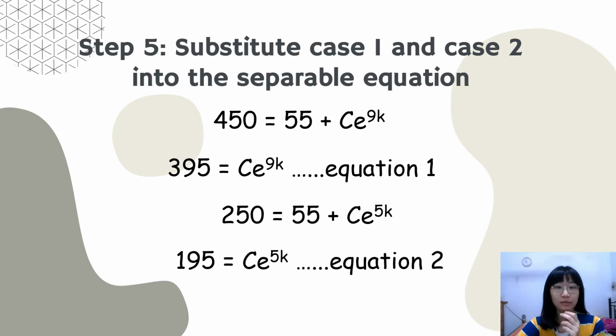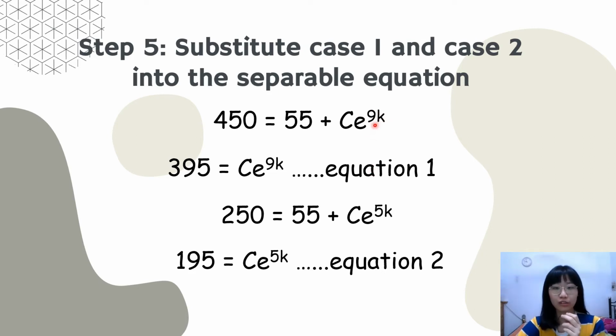Okay, so the next step, step 5, we substitute case 1 and case 2 into the separable equation. So just now we substitute T with 450: temperature equals T0, the initial temperature 55, plus C e to the power of 9K. Initially it was Kt, where t stands for time, small letter t.